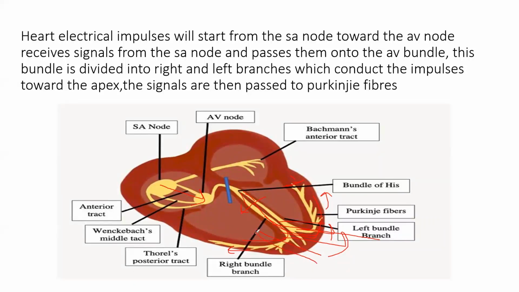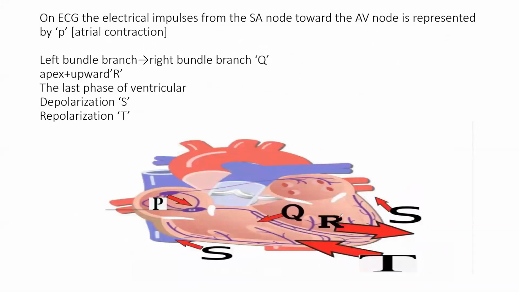At the end, we have the repolarization, which is opposite. The electrical impulse from the SA node toward the AV node is presented by P, which is atrial contraction.